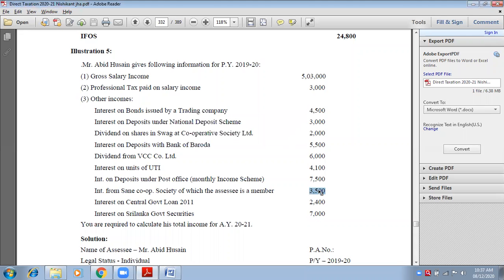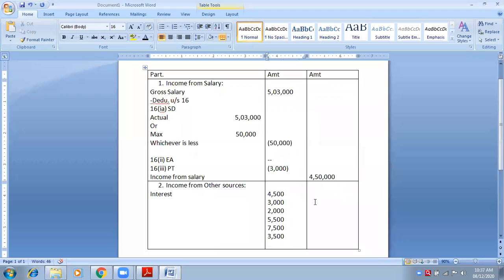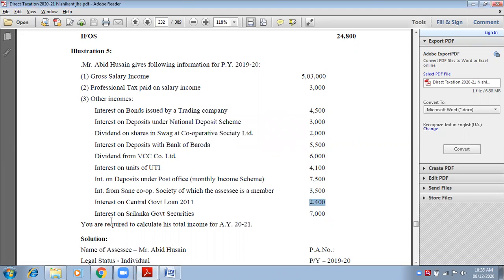Next. Interest on central government loan 2011. You have given a loan to the government and you earn interest from that particular loan. Fully taxable, 2400. You have given a loan to somebody and therefore it is fully taxable.